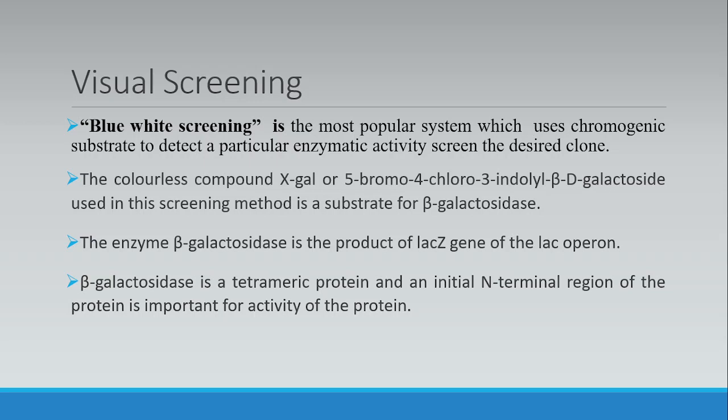This enzyme beta galactosidase is a product of the lacZ gene of the lac operon. It is a tetrameric protein, and the initial N-terminal region of the protein is the key for the activity of the protein.